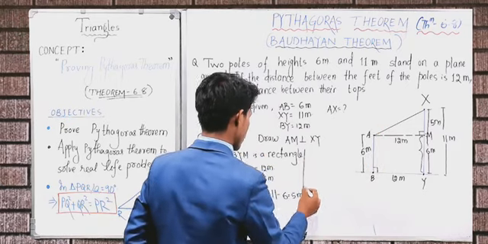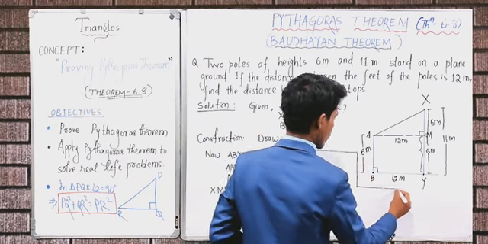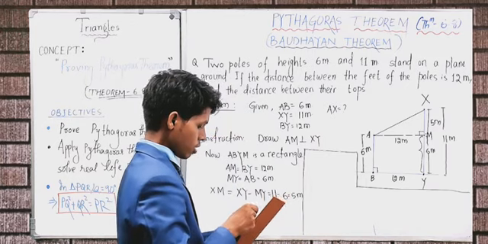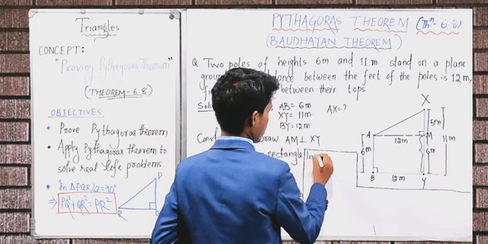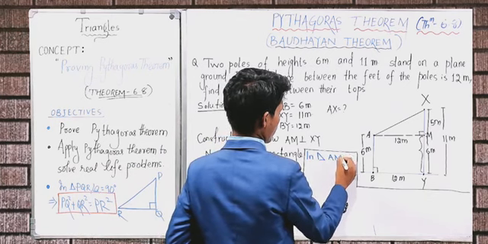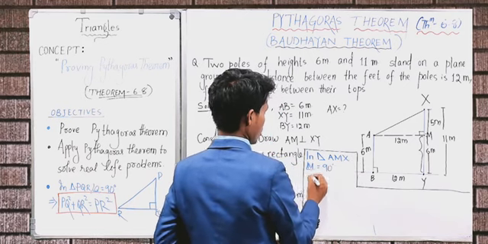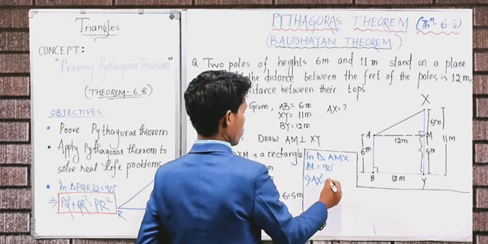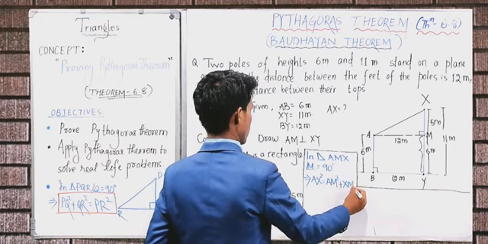So let's write, let me use another ink. In triangle AMX, M is 90 degree, which implies AX square equal to AM square plus XM square.